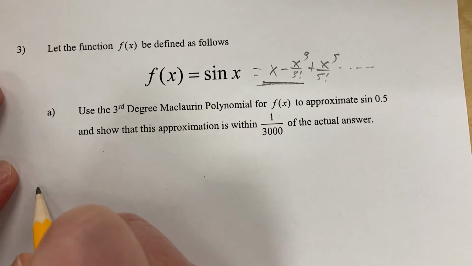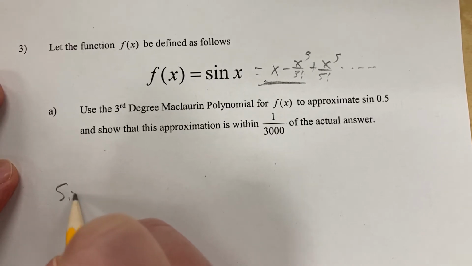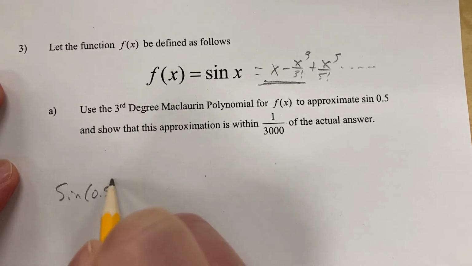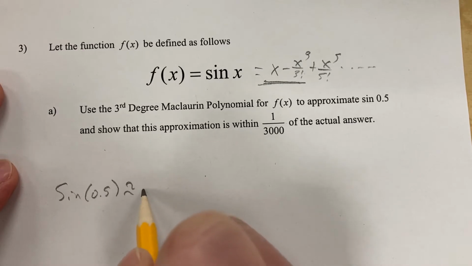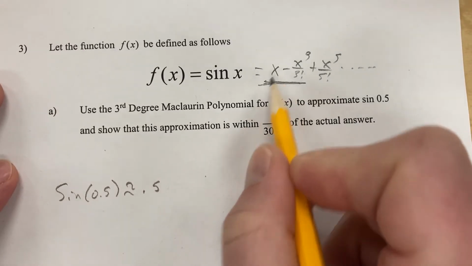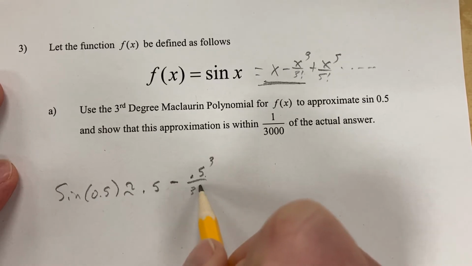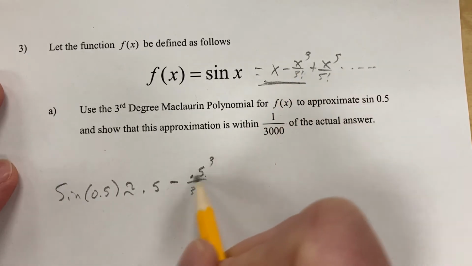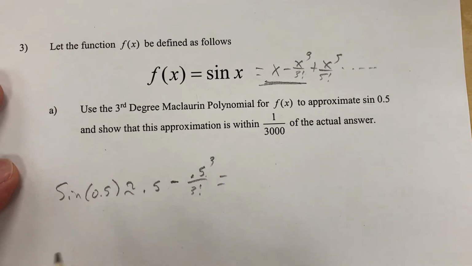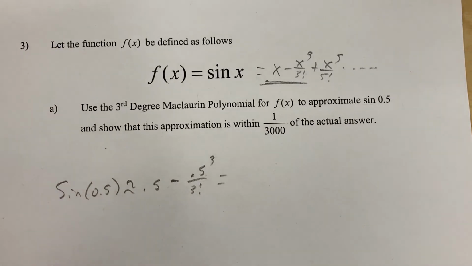So our approximation: we're saying that the sine of 0.5 is approximately 0.5, put it in for x, minus 0.5 to the third over 3 factorial. All right, we're just using those terms, okay? And if we do that on a calculator real quick, I get 0.5 minus 0.5 to the third divided by 6.